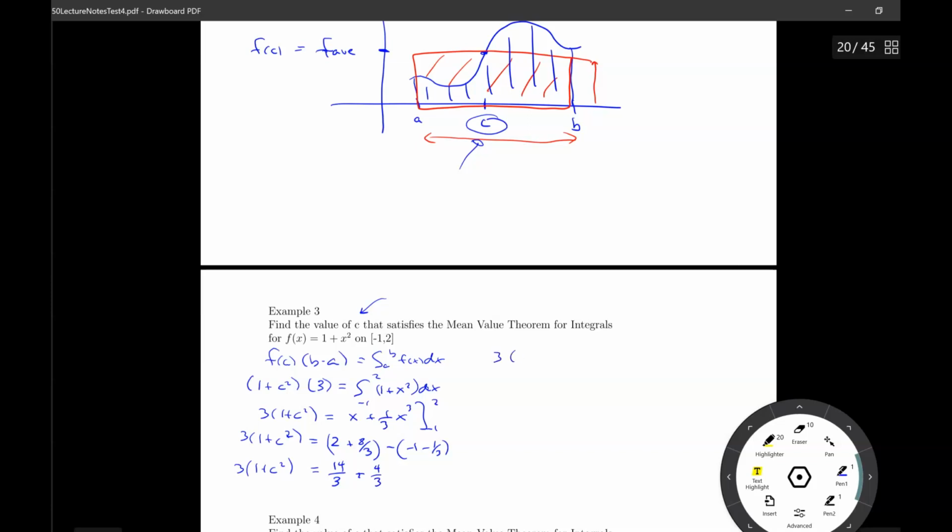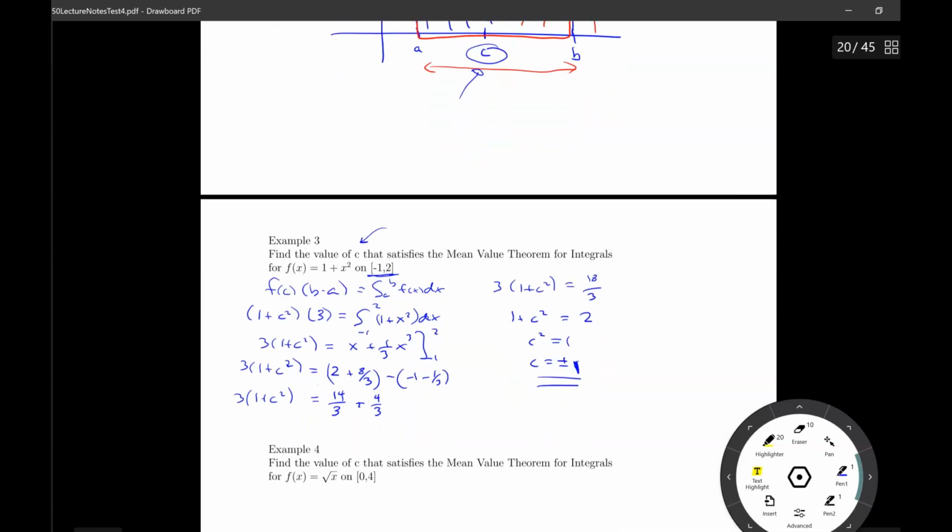So 1 plus c squared is equal to 18/3, which is equal to 6. I'm going to divide through by this 3 as well, and do two things at once, so I should get 2 over here. So c squared is 1, so c is equal to plus or minus 1. All right, so this value of c has to be between, or it could be included in the endpoints here, so both of these values work, so that's good.